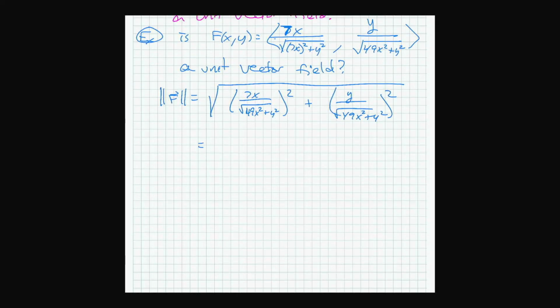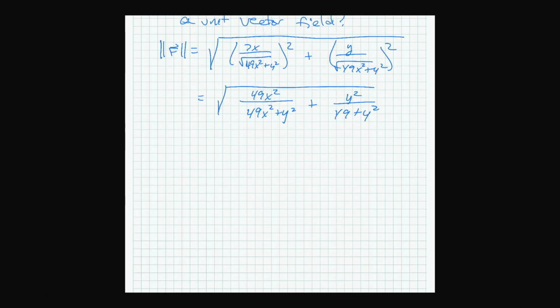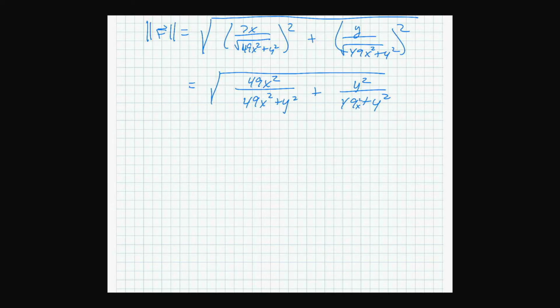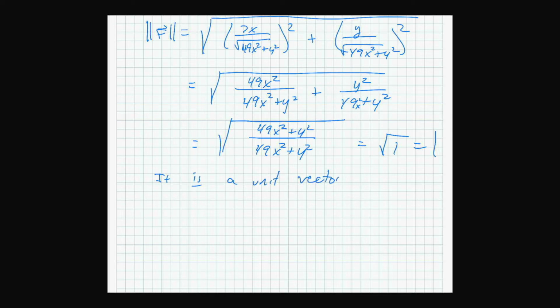So we're doing the same thing we did before, but this time when you square it, you get 49x squared here. The square root disappears, so you get 49x squared over 49x squared plus y squared, plus y squared over 49x squared plus y squared. Of course, you add those up. They're fractions. You get 49x squared plus y squared over 49x squared plus y squared, which is the square root of 1, which is 1. So it is a unit vector field.